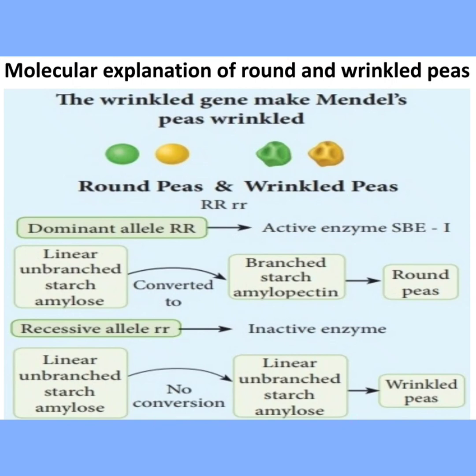Whereas the recessive allele small r does not produce the enzyme, and the enzyme is inactive. Hence, it does not convert the linear unbranched starch amylose; it remains as it is and forms only linear unbranched starch amylose. Hence, the absorption of water occurs and it dries as time passes and forms a wrinkled pea.